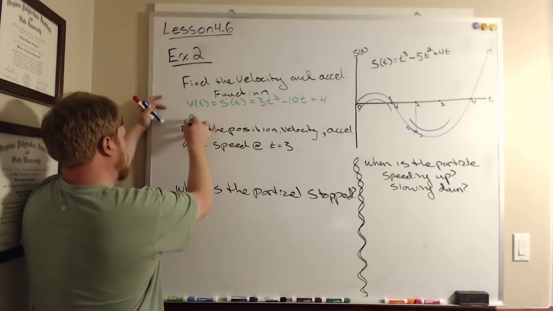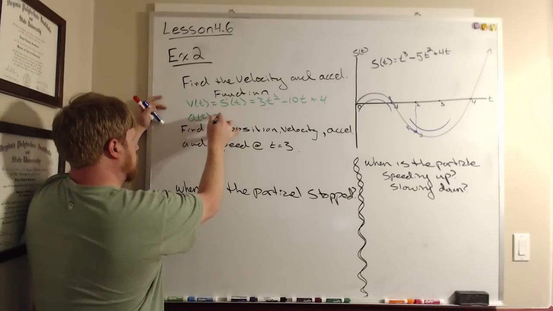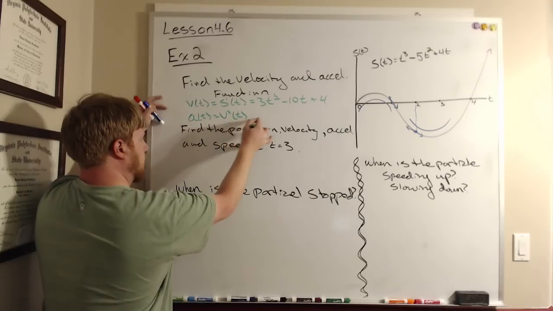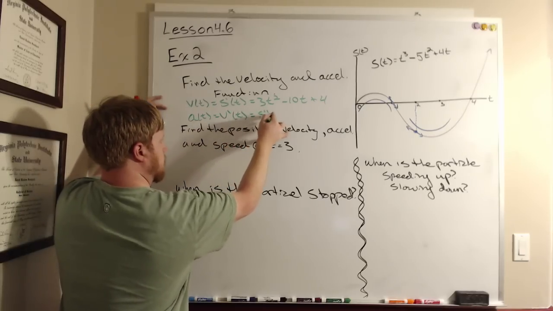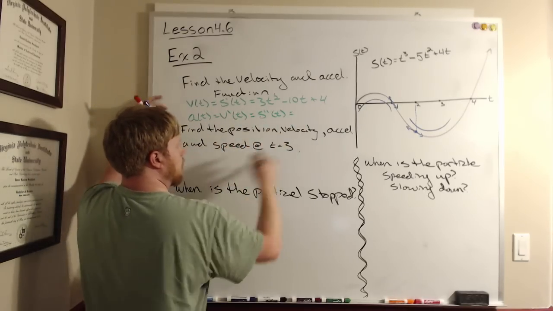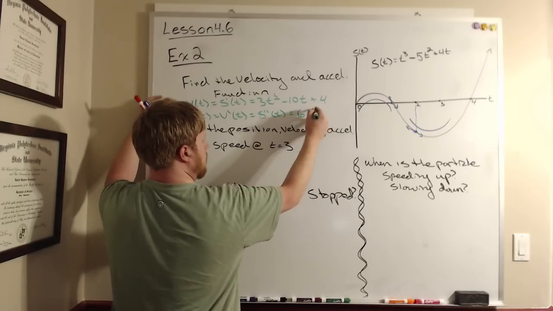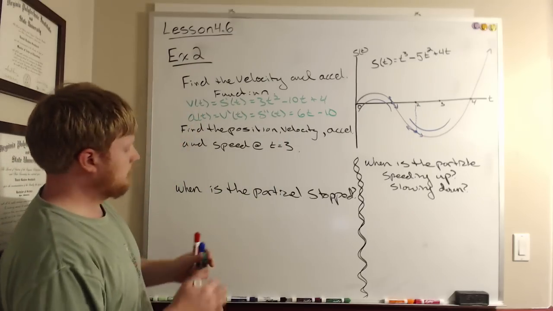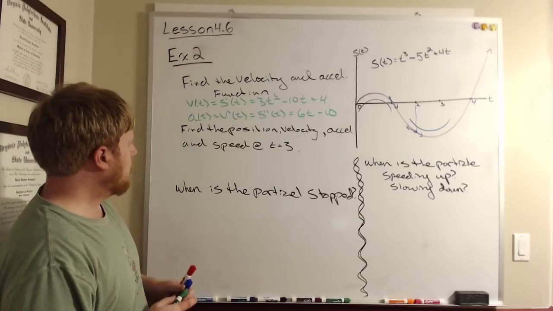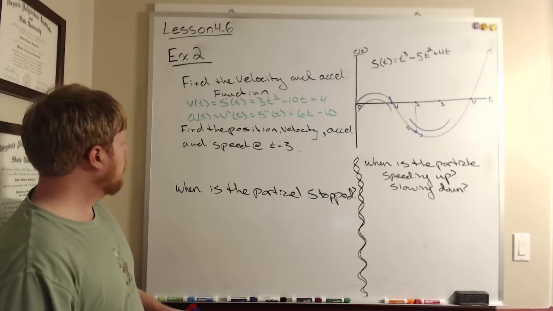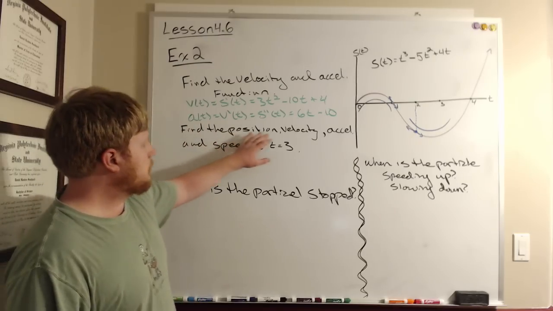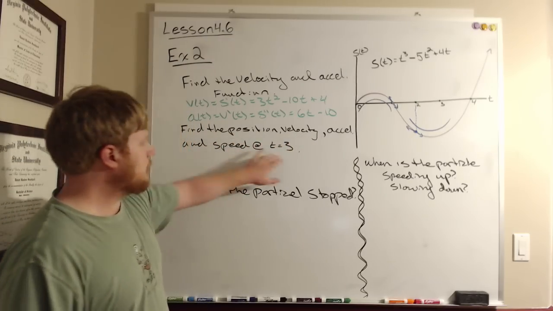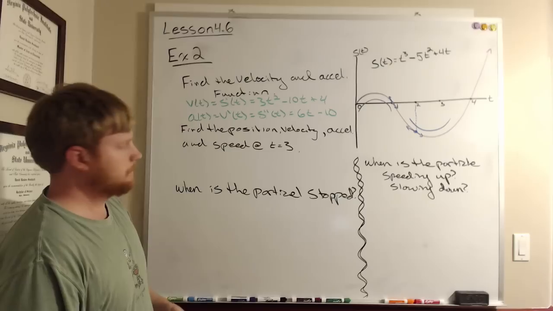The acceleration function, which is the derivative of velocity, or the second derivative of position, is just 6t minus 10. Not too bad. Now find the position, velocity, acceleration, and speed at t equals 3.